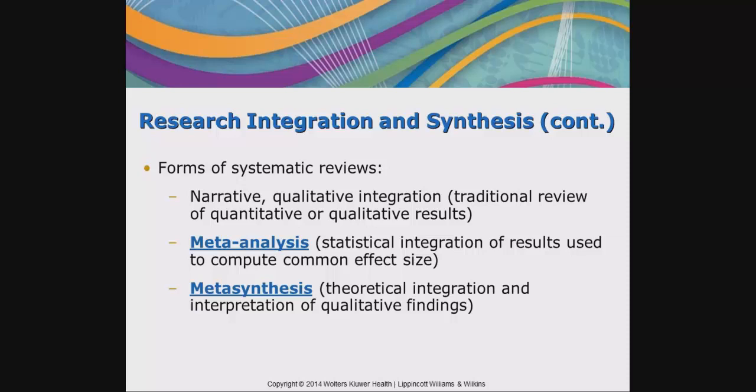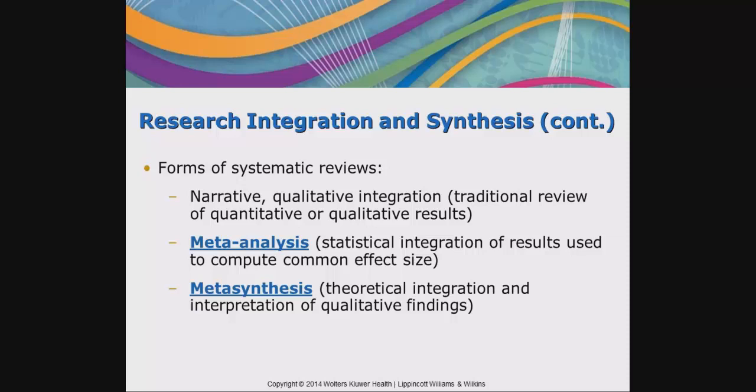meaningful. Now, meta-analysis is going to be quantitative, from the quantitative research literature. It is the statistical integration of results used from multiple studies. You're combining the results of several similar studies on a topic, and then you're going to take the statistical analysis of those multiple studies.